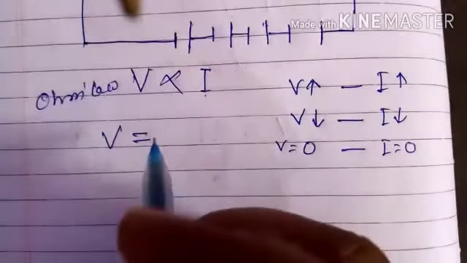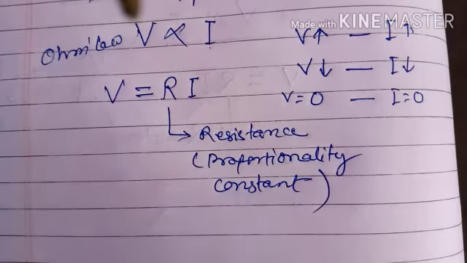This resistance is actually the proportionality constant. So this proportionality constant, or resistance, we can also define as follows.